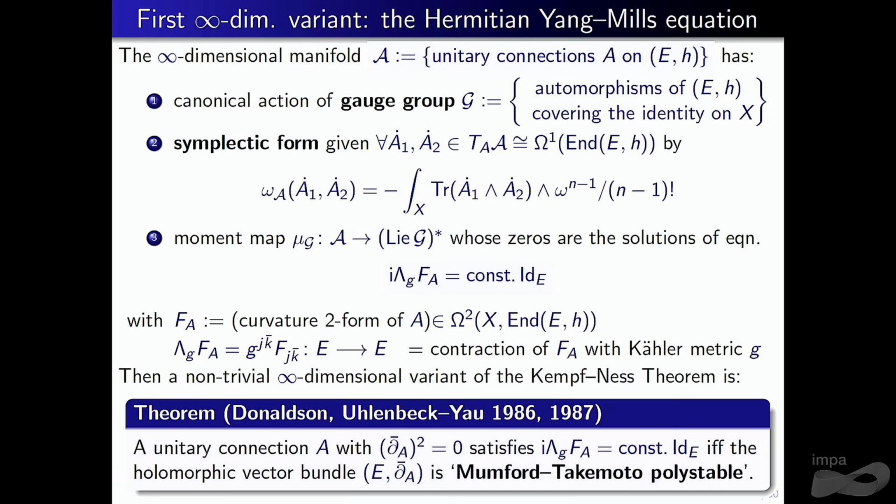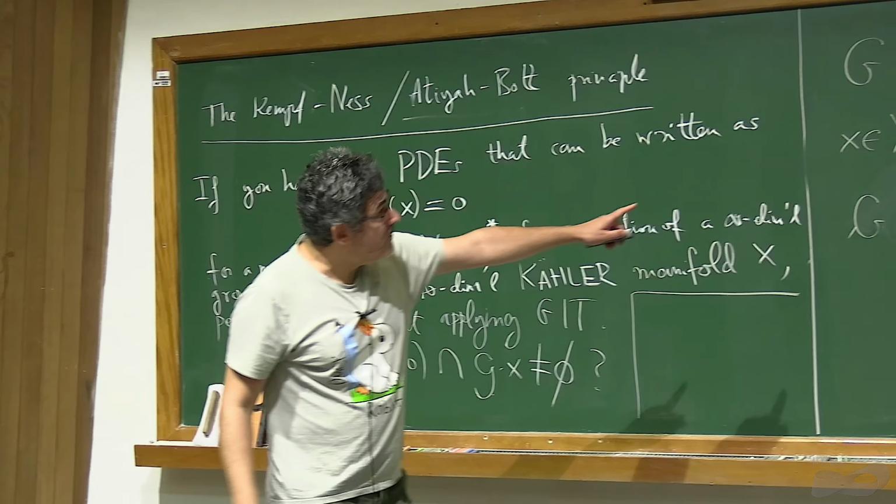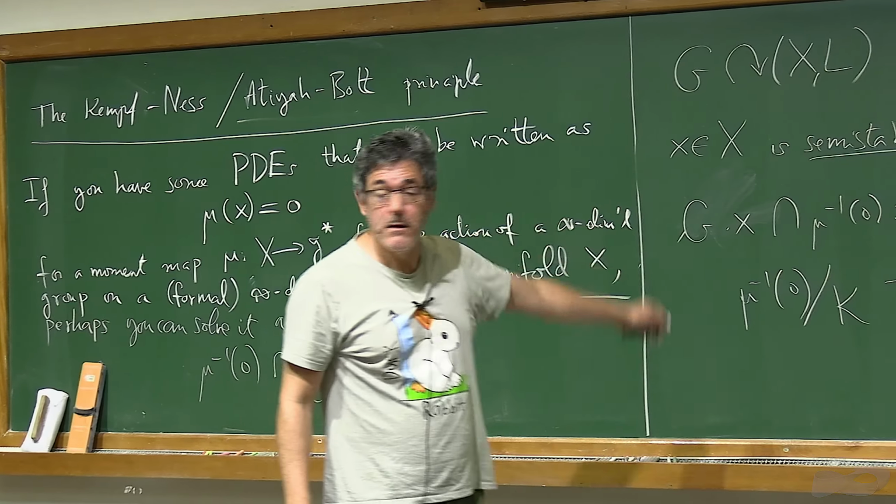Now, if you impose the condition that the connection determines a holomorphic structure on the vector bundle over your complex manifold, then this equation, which in this case is called the Hermitian–Yang–Mills equation or Hermitian–Einstein equation, is satisfied if and only if some condition coming from the other side, from GIT, is satisfied.